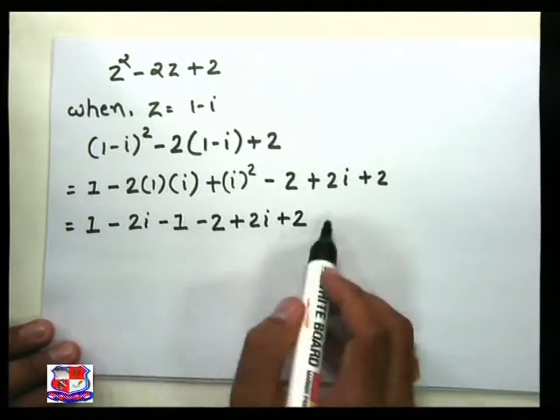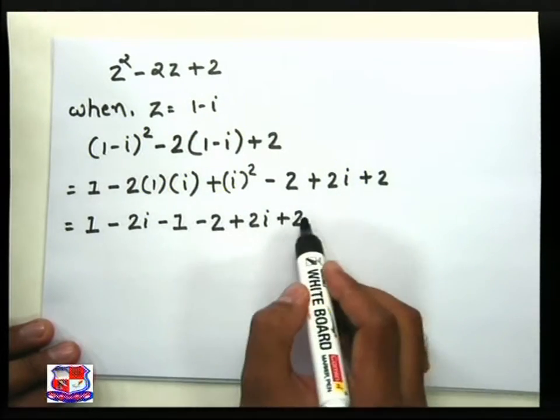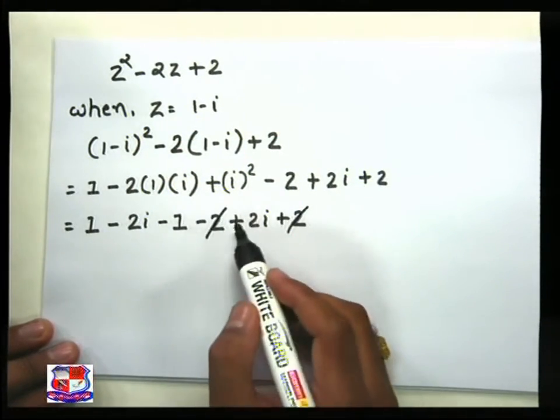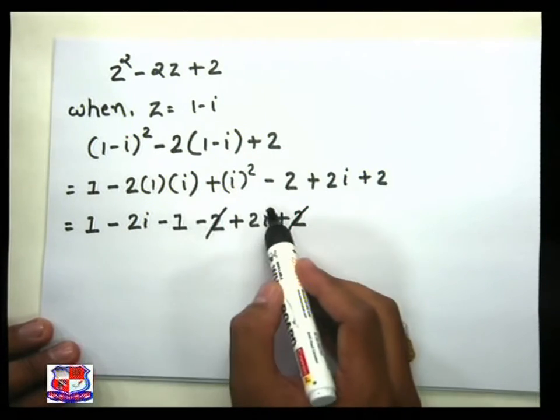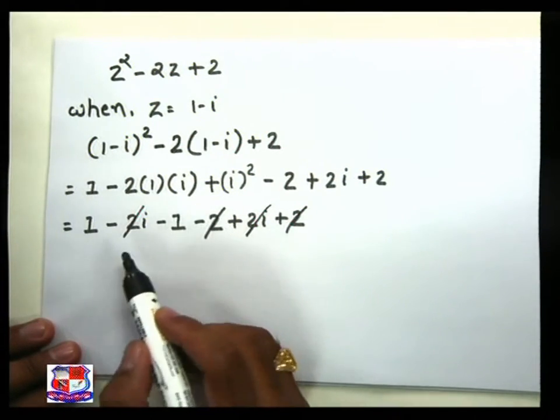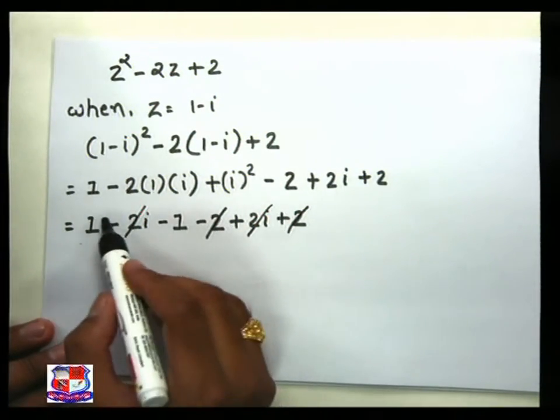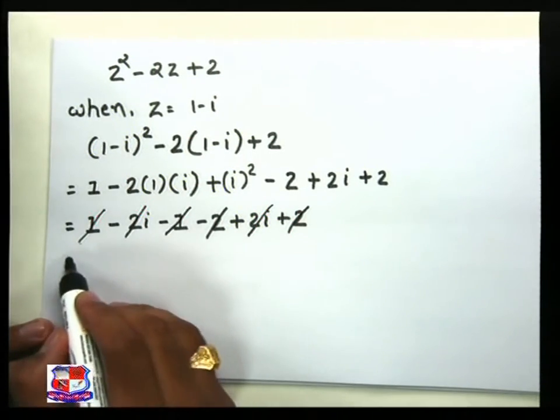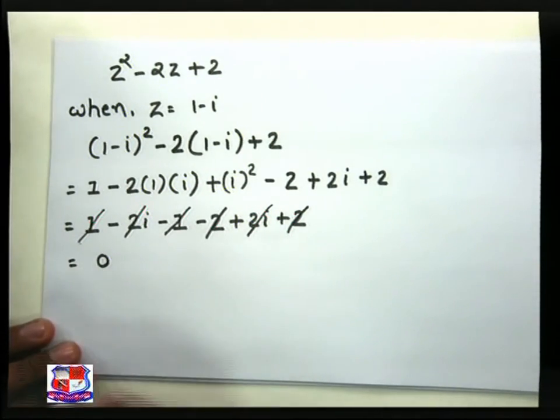Now we simplify this step: minus 2 and plus 2 both cancel out, minus 2i and plus 2i both cancel out, and 1 and minus 1 again cancel out, so it is nothing but 0.